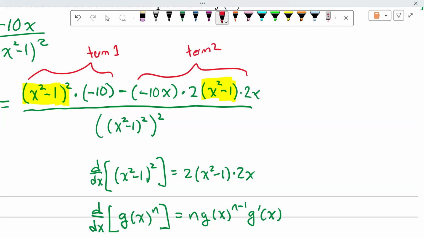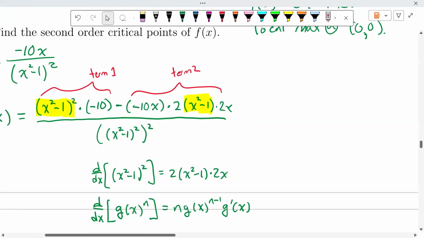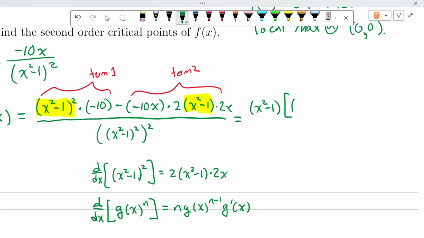And so, okay, this is where things get fun. I'm going to pull that out. I'll have an x squared minus 1 all pulled out there, and then I'll be left with an x squared minus 1 times negative 10 minus a negative 10x times 2 times 2x.